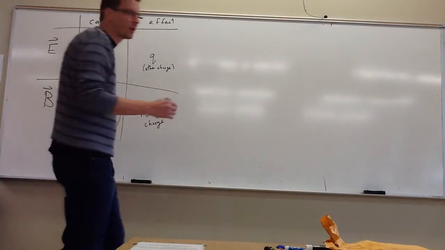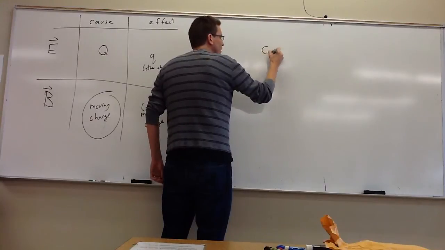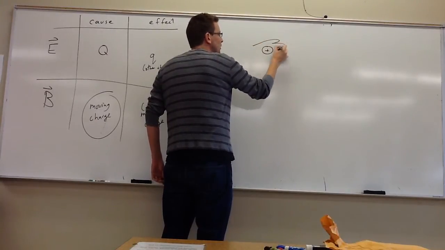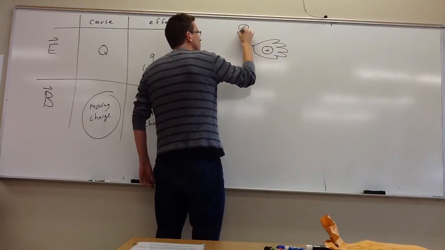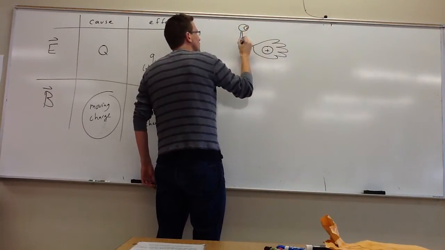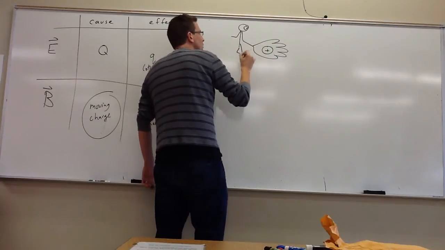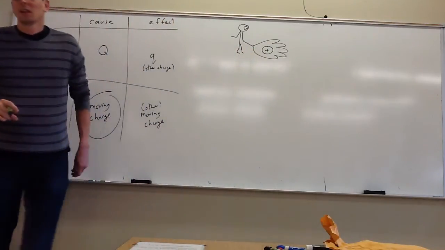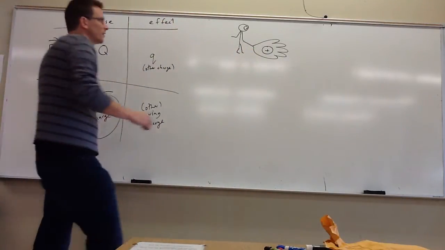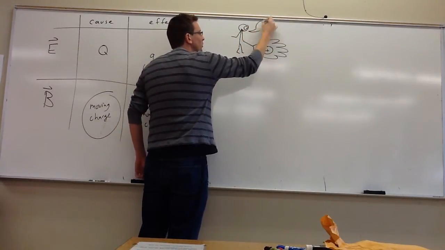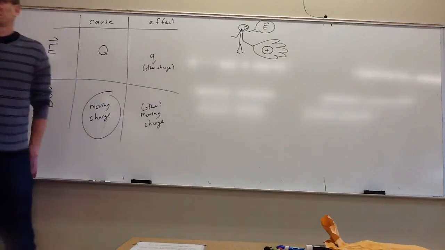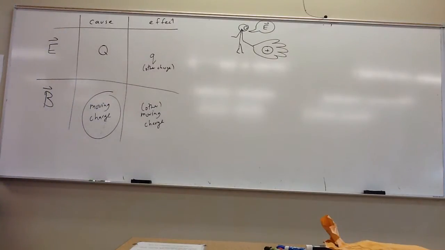So this brings up a kind of a conundrum. If we have, say, a charged particle, we have somebody holding it in their hand, that person would say that that charged particle makes an electric field.